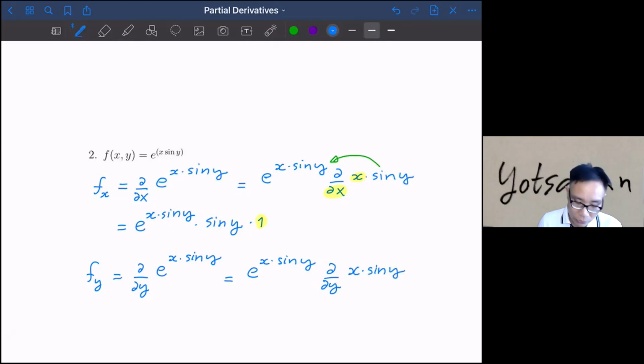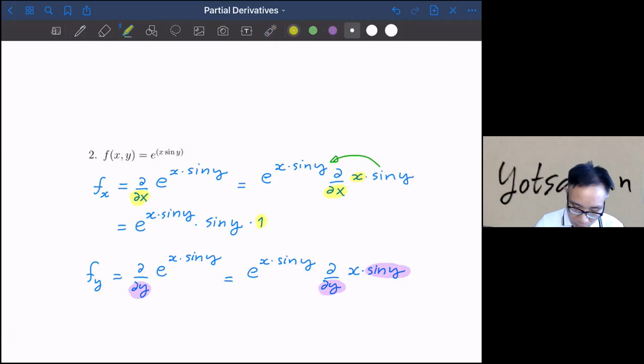The thing that I'd like you to notice is that this one is the derivative with respect to y instead of x before. So the difference turned out to be here. You see the color here. The first one is the derivative with respect to x. The second one is the derivative with respect to y. Like I told you earlier, you must be able to distinguish between the derivative with respect to x and the derivative with respect to y. Okay.